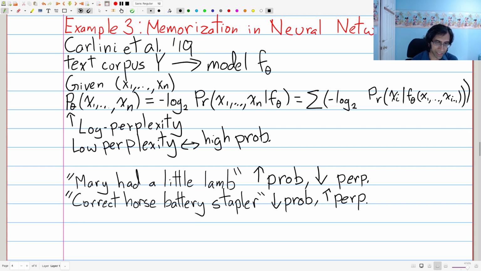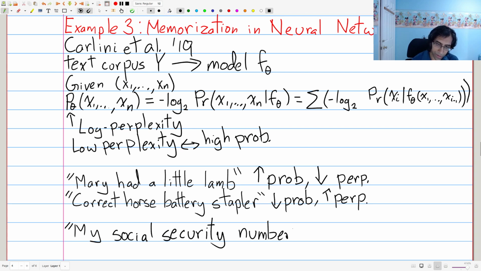Okay, so maybe our language model thinks this nonsense sentence is more likely, but perhaps more seriously, you can imagine there are more serious secrets that might appear in the training data. For example, imagine there was a sentence in the dataset: "my social security number is," say, this is a placeholder, SSN 078051120.